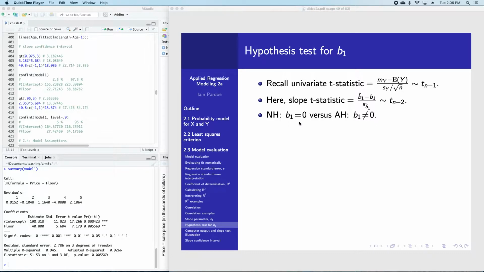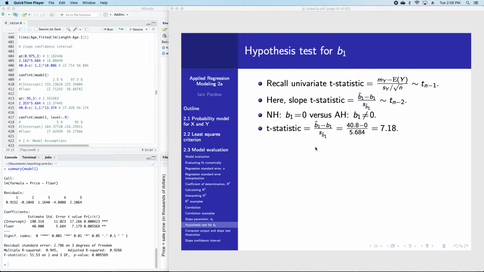Well, that would mean that there's no significant linear association between y and x. What we're expecting here is that we're going to reject that null hypothesis in favor of the alternative, because everything we've done up to this point looks as if there is a linear association between sale price and floor size.